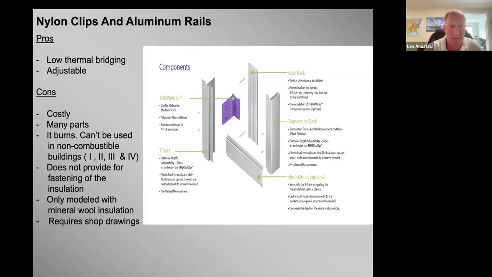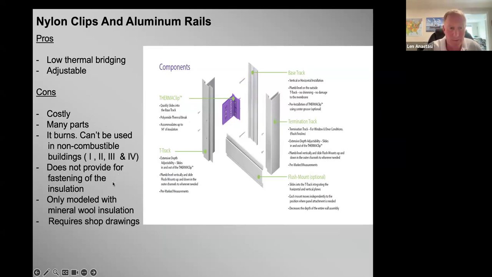Looking at this one, it has low thermal bridging because of its thermoclip. There's a good amount of adjustability in this, but it's probably one of the more costly systems out there. There's a lot of parts. In this thermoclip, if you can see, it is called a polyamide thermal break. That burns, so I don't think it can be used in Types 1 through 4 construction.